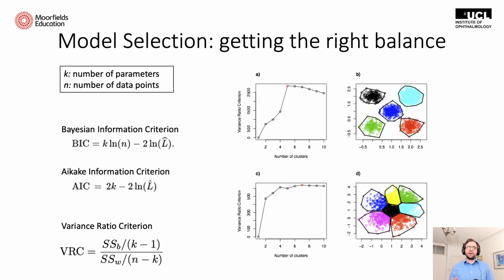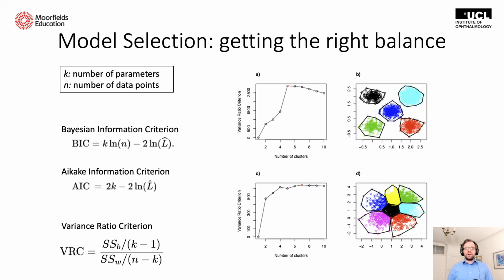We're talking more about the example I gave you previously of trying to fit distributions to data. Except here we're trying to fit several distributions to the data, which are the several clusters. We've got the center and the spread of the clusters, but we've also got an extra parameter, which is the number of clusters. And that's the parameter for which we're going to try and find the optimal point.